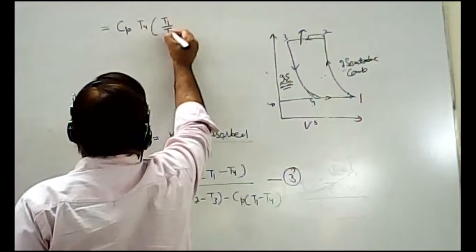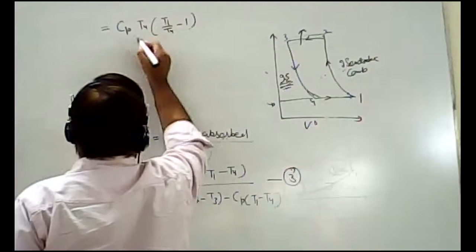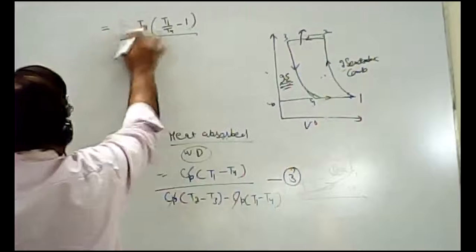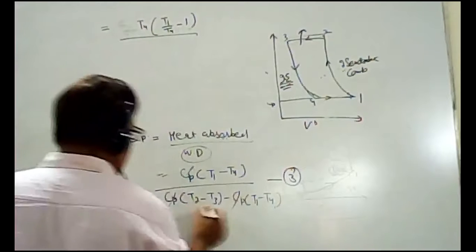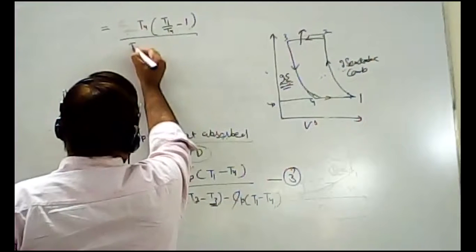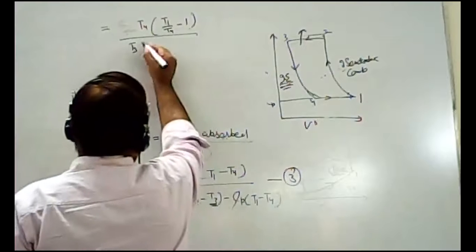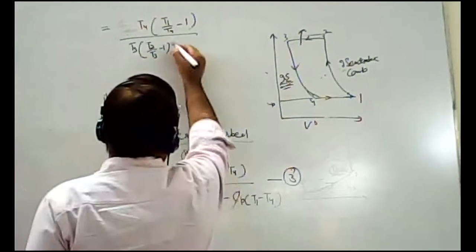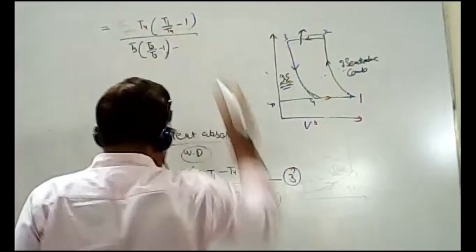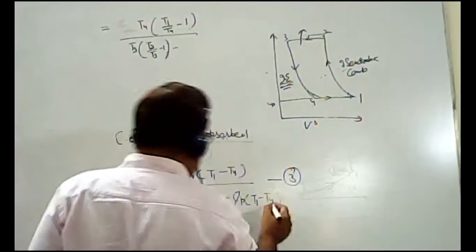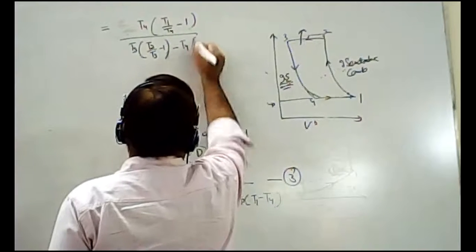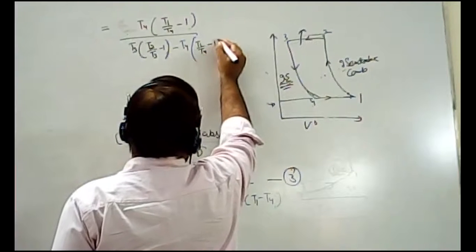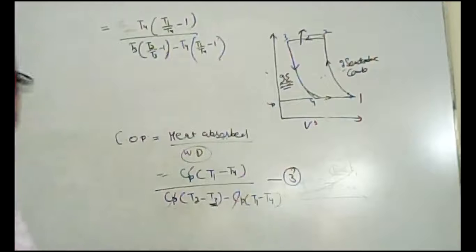Then this value is T1 by T4 minus 1, divided by Cp, which cancels out, so no need to write the Cp value here. Then I will take out T3 outside this bracket, so here T2 by T3 minus 1 minus. Again, I take out T4, then the value inside the bracket will be T1 by T4 minus 1.